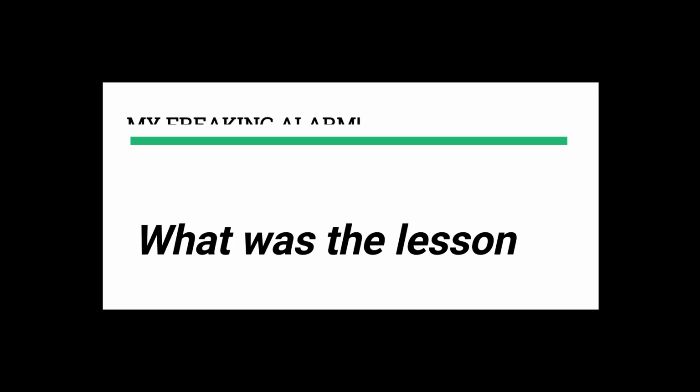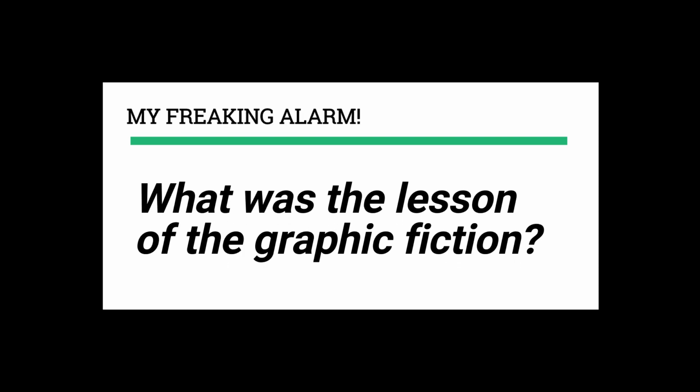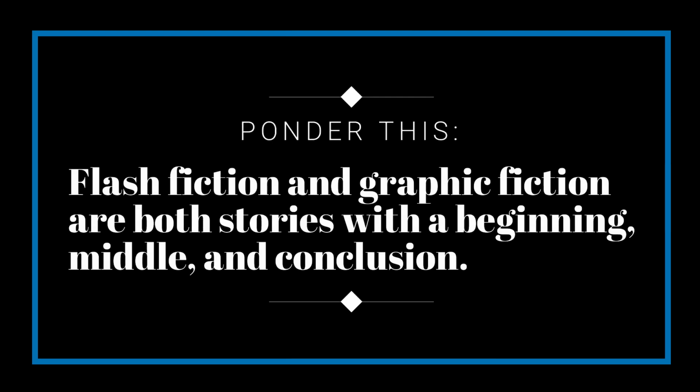What was the lesson of the graphic fiction? When we set a schedule, may it be a simple alarm to wake us up or something more important, we must learn to follow them to avoid facing consequences. Now ponder this. Flash fiction and graphic fiction are both stories with a beginning, middle, and conclusion.